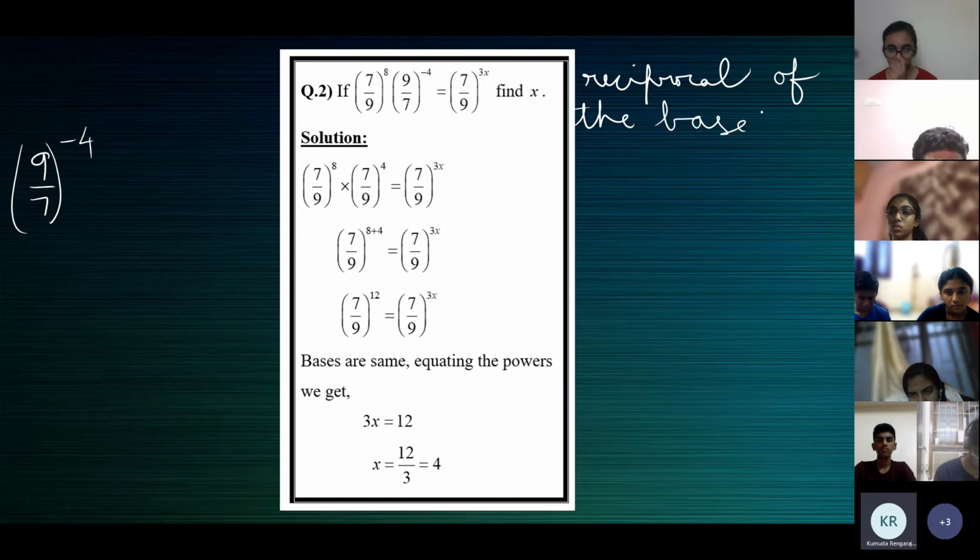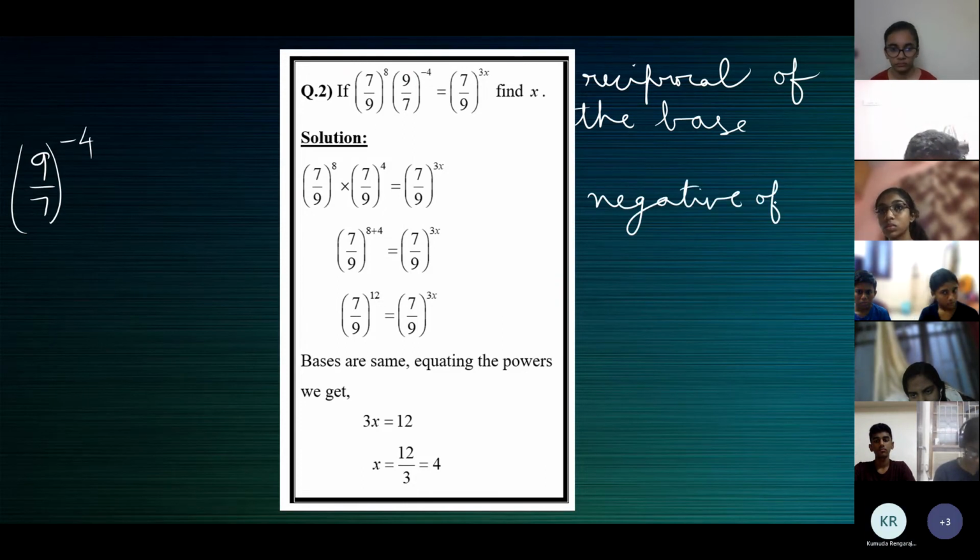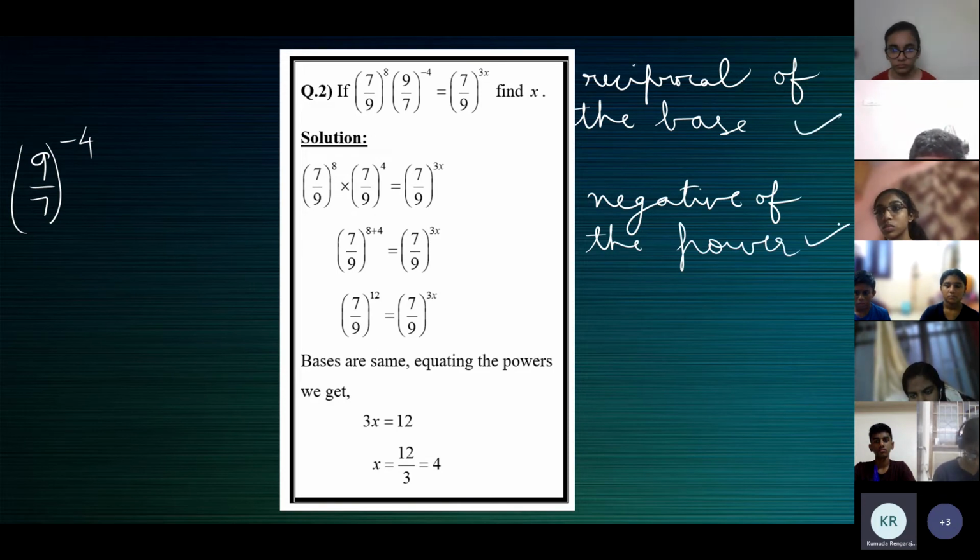Base and power are the two things. What do you do with the base? Reciprocal of the base. What do you do with the power? Negative of the power. When you apply both to the exponential expression, you are writing the equivalent. When you apply only one of these two, any one of them, you are writing its reciprocal.